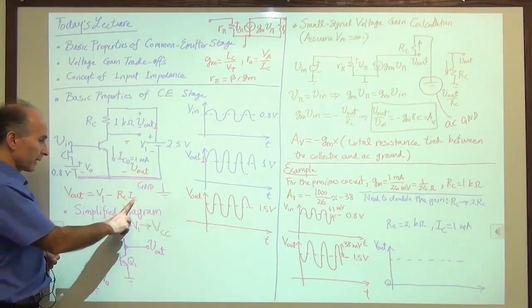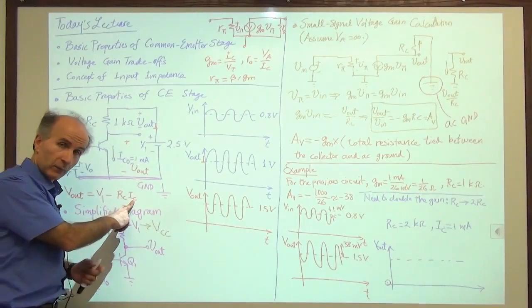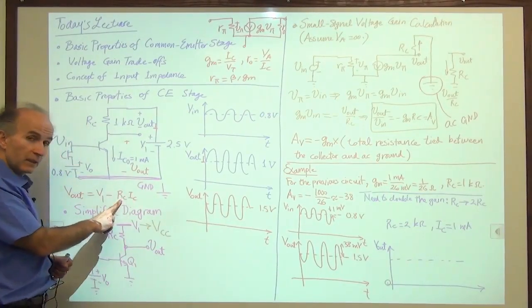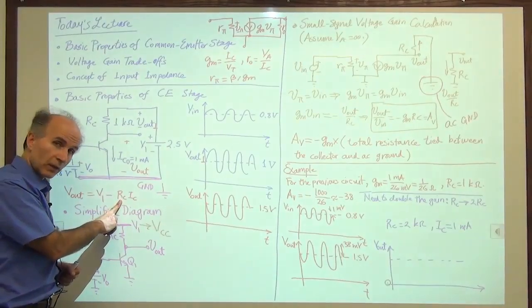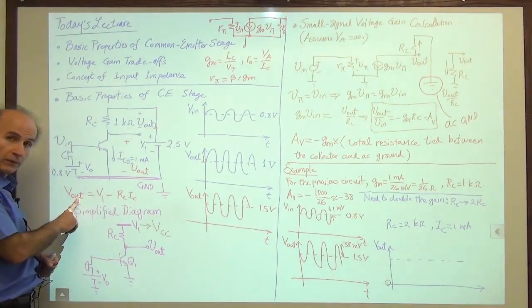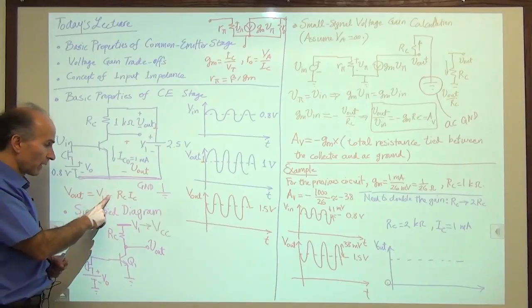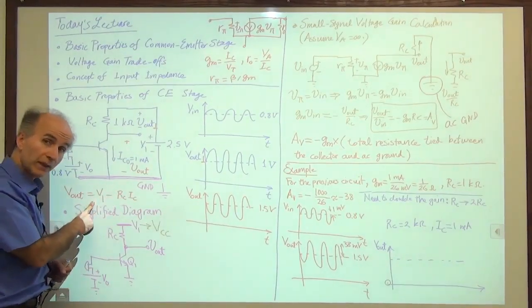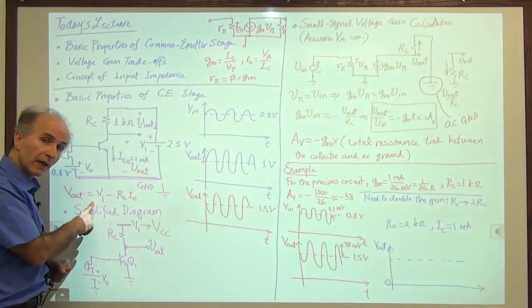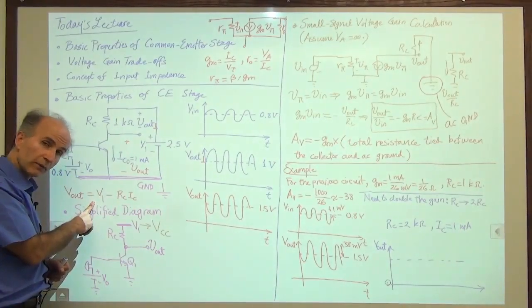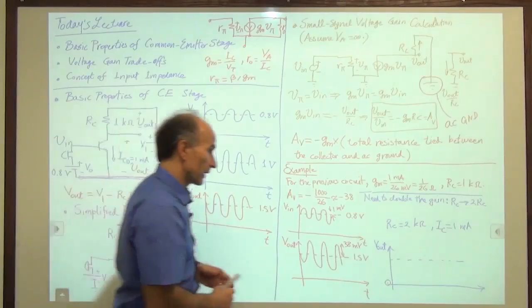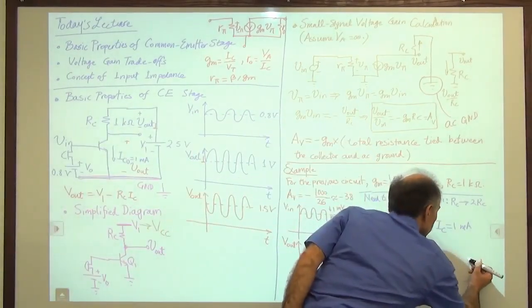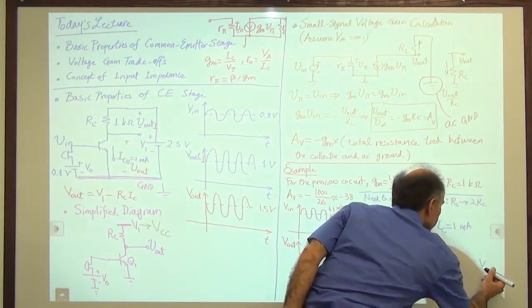Good. IC is 1 milliamp. That's what we are hoping. RC is 2 kilo ohms, not 1. So how much is V out? 2.5 minus 2. So V out without any signal is 0.5 volts, not 1.5 volts. So this is equal to 0.5 volts.